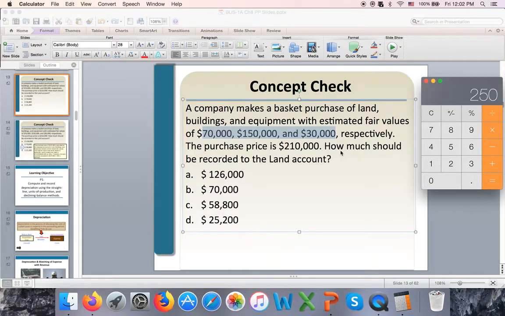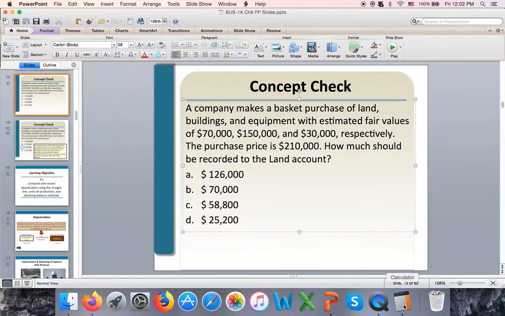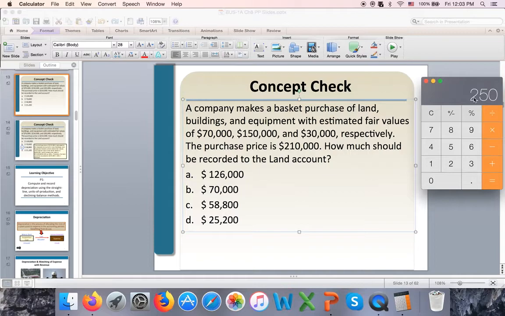So here the problem just asked me about land. How much should be recorded to the land account? So the value of land is $70,000 and the total appraisal is 250. So I'm going to take 70,000 and divide it into 250, which gives me my allocated percentage.